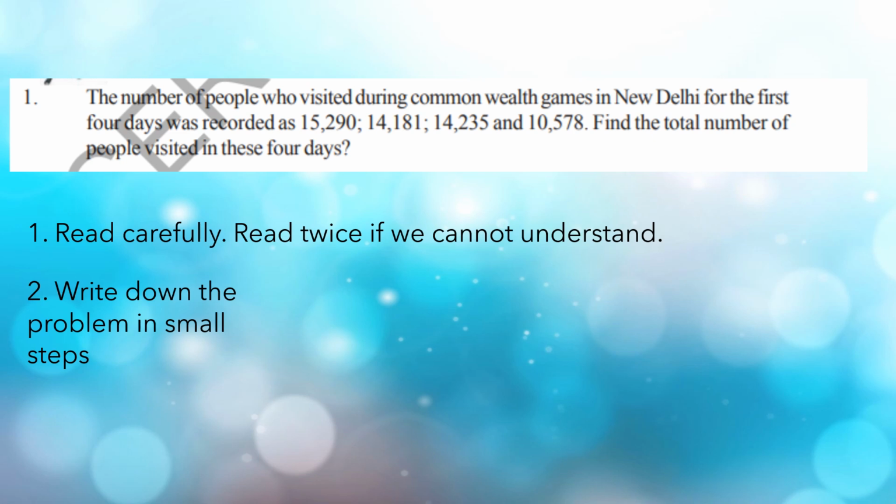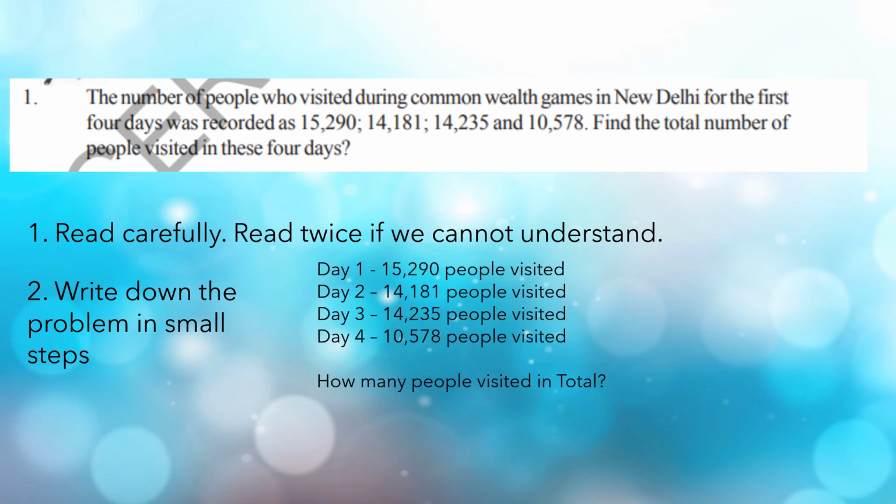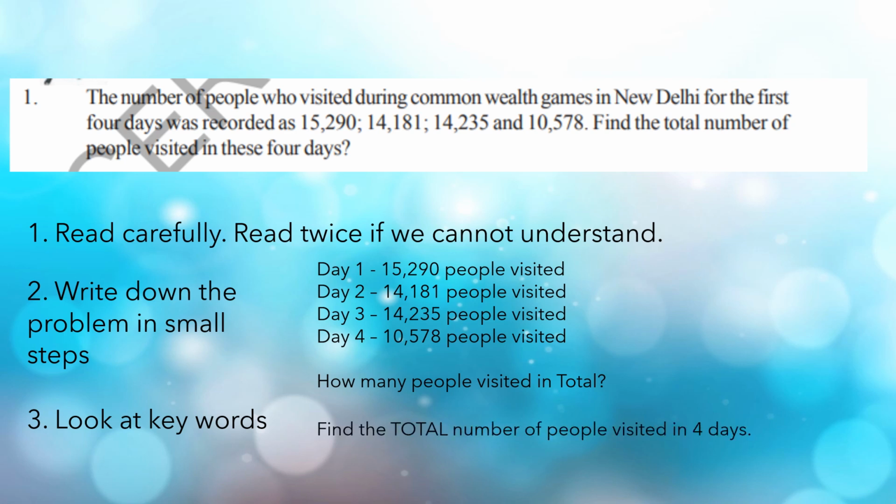Next, we write down the problem in small steps, or we can draw pictures. So this is just the problem written in small steps. Then finally, look at the keywords. Can you say what the keyword is here? Find the total number of people who visited in 4 days. The keyword is total. So that is what we are looking for in this problem.